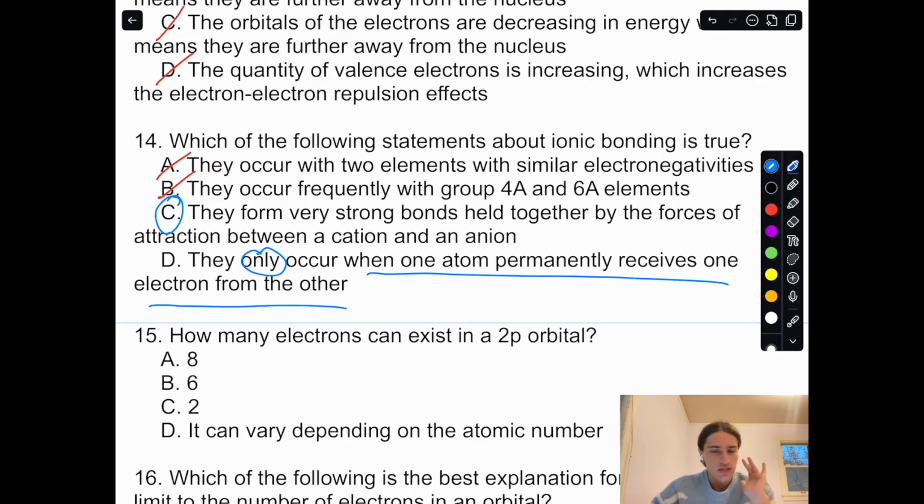In general, really strong words like only or all or always, every, those kinds of words should be a red flag because it's very specific. It's really hard for something to be always true. And so if they only occur when one atom permanently receives one electron, it's really this one electron that's going to be wrong. Ionic bonds can occur where two or more electrons are given away. It doesn't have to just be one electron.